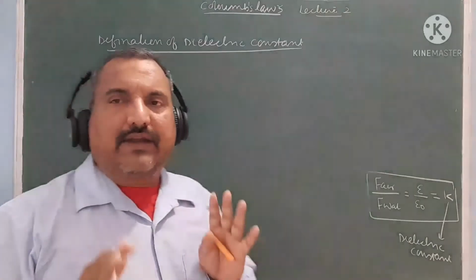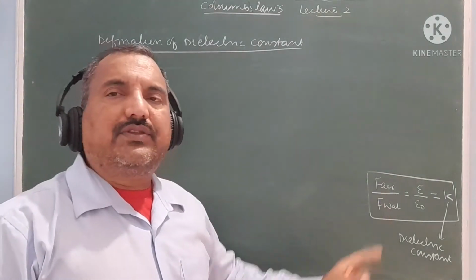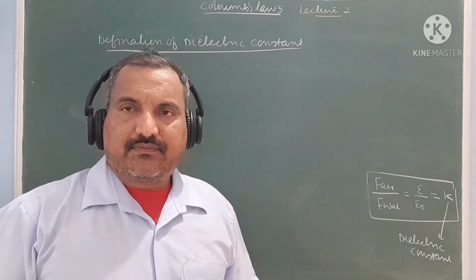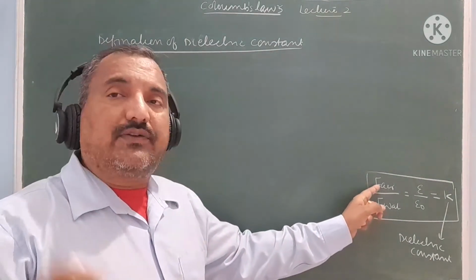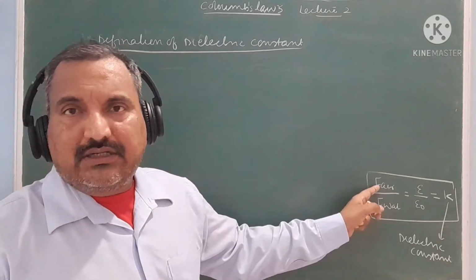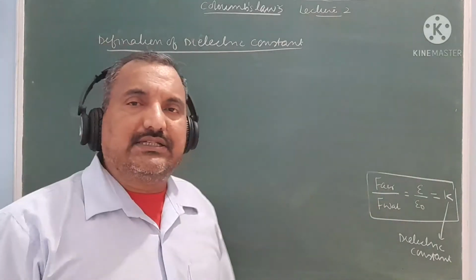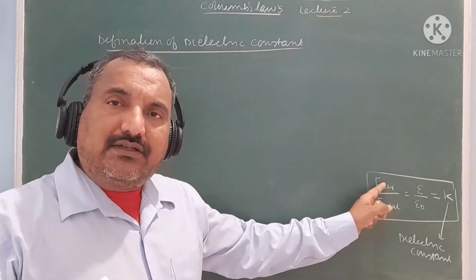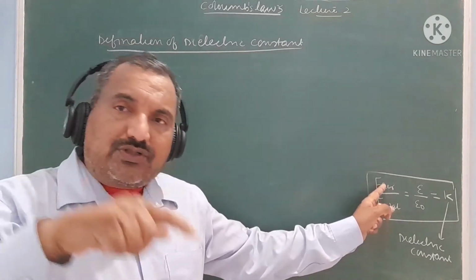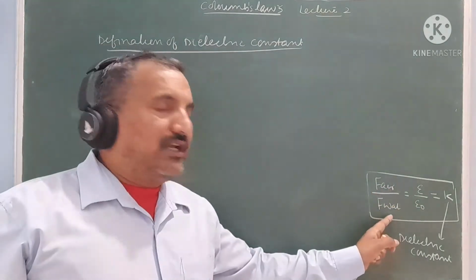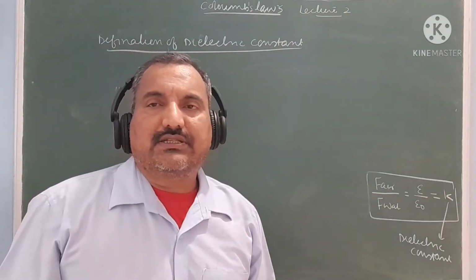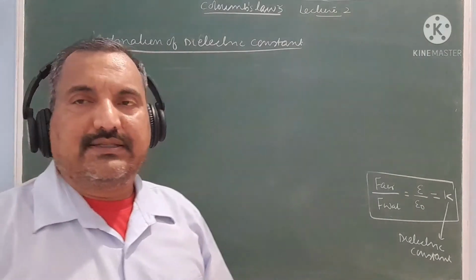Dielectric constant is defined as the ratio of the force of attraction or repulsion between the two charges placed in air to the force of attraction or repulsion when the charges are placed in a medium. This ratio is a constant, known as the dielectric constant.